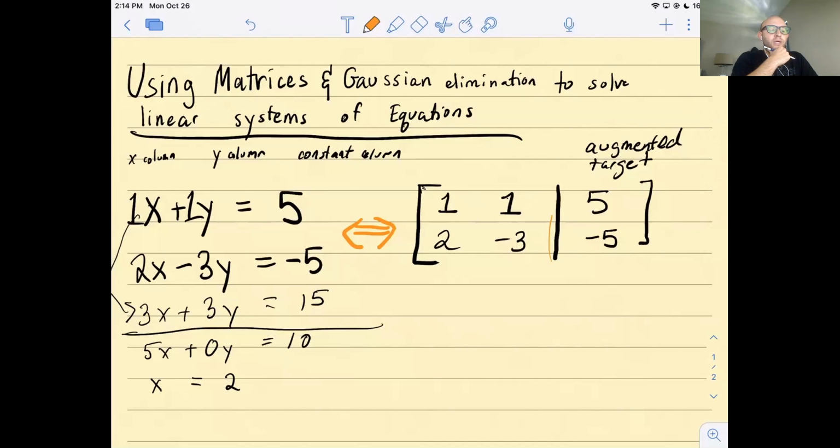So what are the things that we can do to a matrix and still keep it representing the same thing? If you keep in mind that each row of a matrix represents an equation, then there's a few things you're allowed to do. These are called the elementary operations. I'm about to write some of the operations, and just think about what each of them represents and why you're allowed to do it.